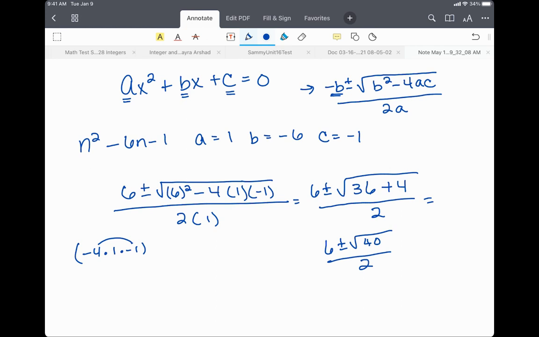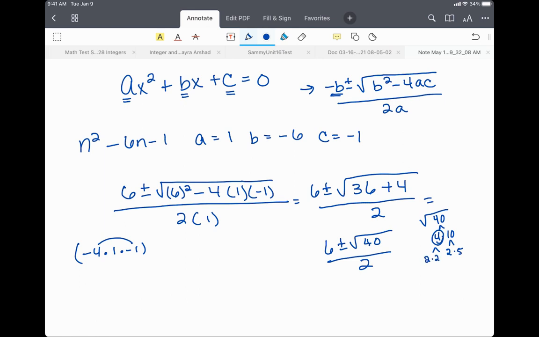And if you can break this down some more, I'm not sure if your teacher wants you to do that, but if you know how to do the square root, you would take the square root of 40, and you would break that down to 4 and 10, and then 2 and 5, but you have that perfect square, which is 4, which is 2 and 2.